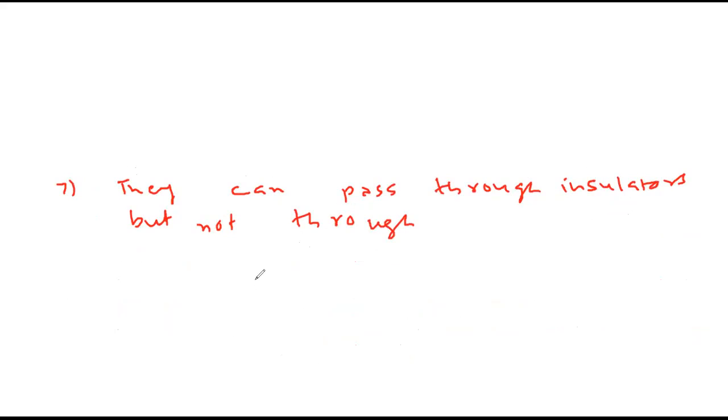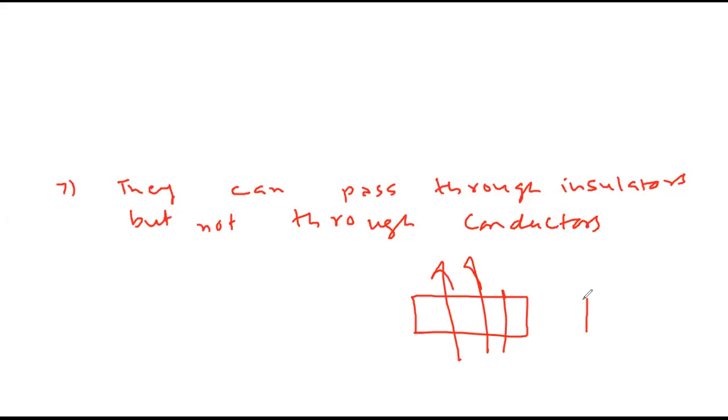So they can pass through insulators but not through conductors. That means if this is insulator then I can show line of force ऐसा, but if it is conductor तो ऊपर खाली होएगा, अंदर नहीं आता. Right. 7th point write down.